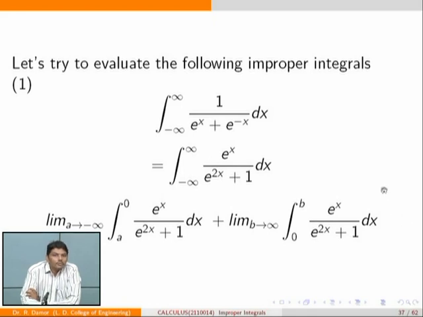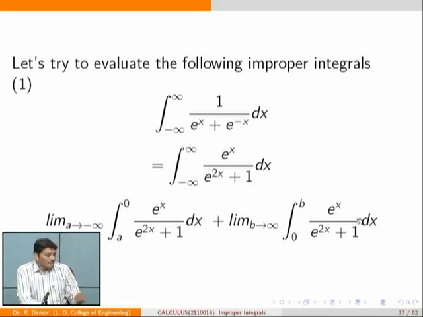Clear? So the integral is divided into two improper integrals: limit a tends to minus infinity, a to 0, e raised to x upon e raised to 2x plus 1 dx, plus limit b tends to infinity, 0 to b, e raised to x upon e raised to 2x plus 1 dx.